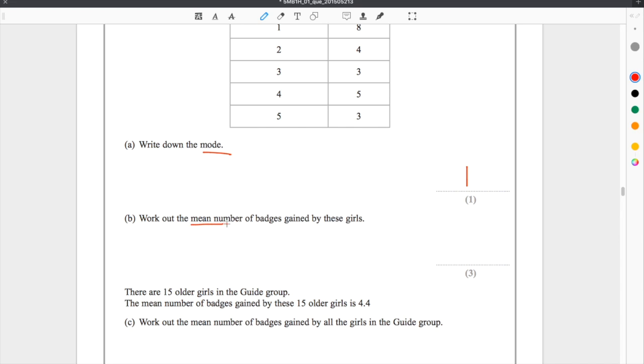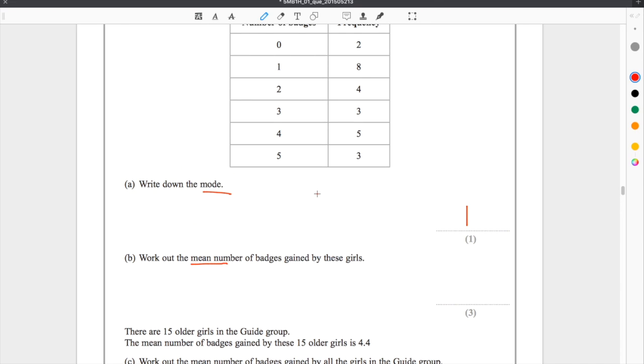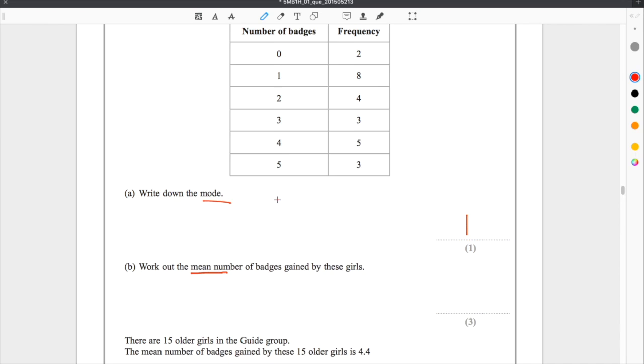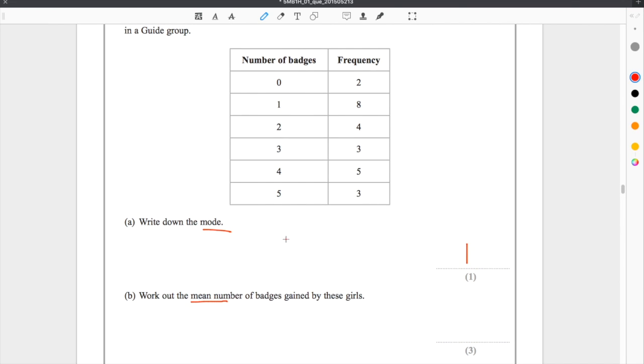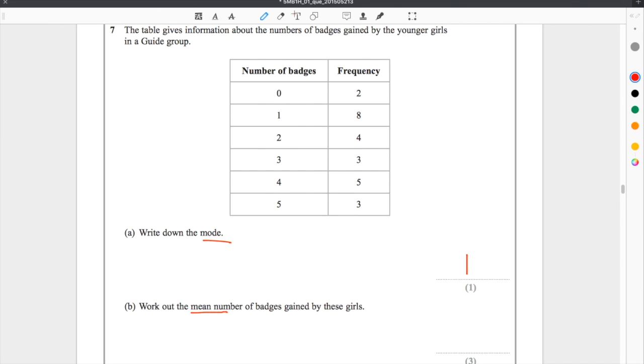Work out the mean number of badges gained by these girls. Right, with this question we have to follow a procedure which is the same each time, so take note here of how to answer this kind of question. So we extend the table. Okay, let's move that there.